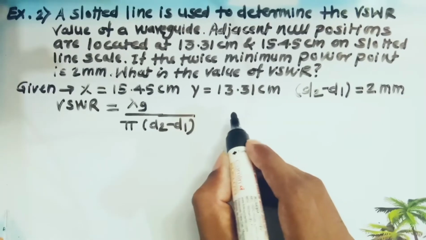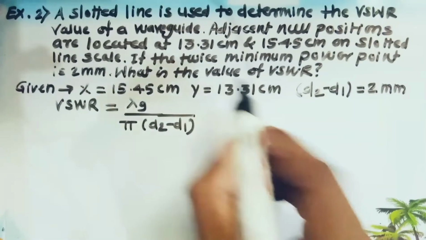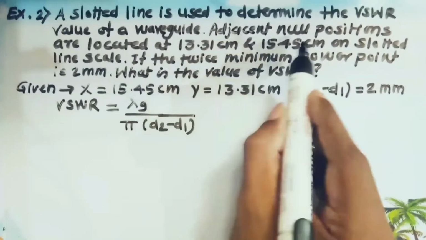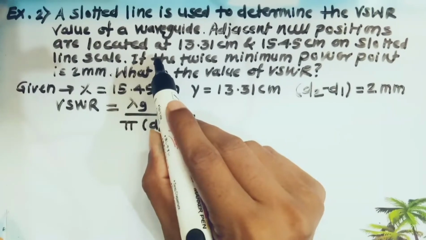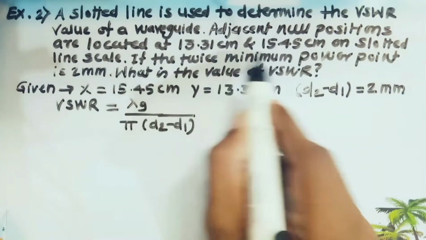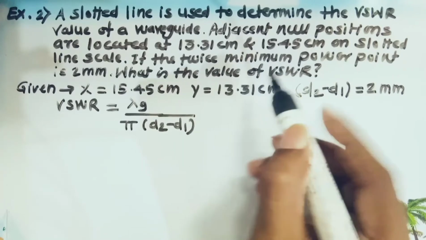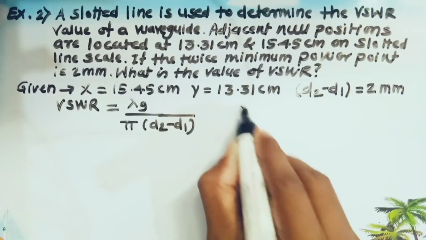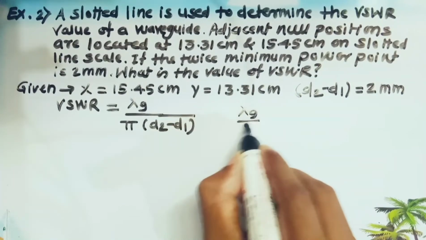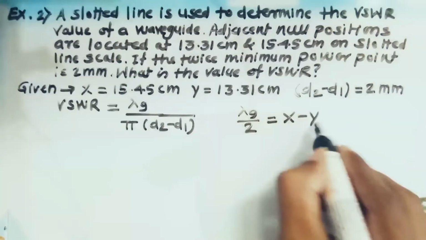Here the adjacent null positions are given, so the distance between these two points will be equal to half of the guide wavelength, which means lambda g by 2 becomes equal to x minus y.